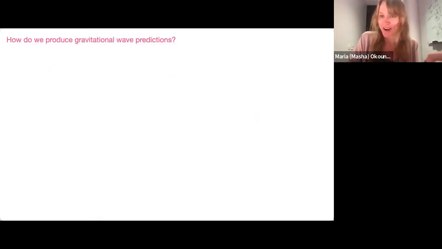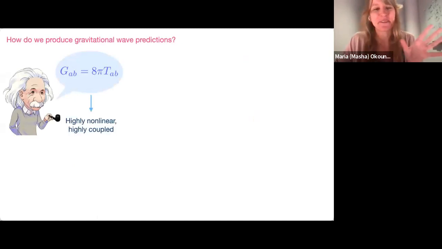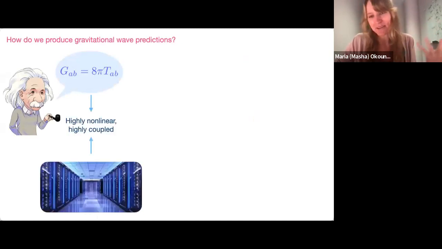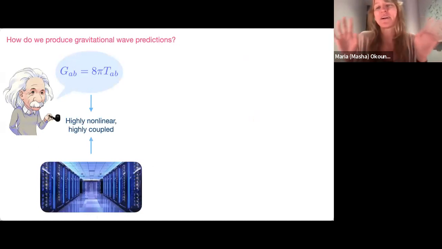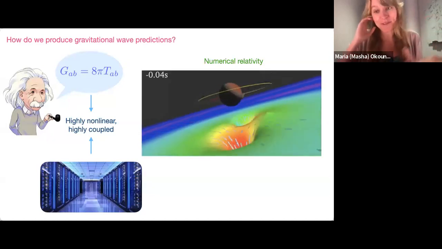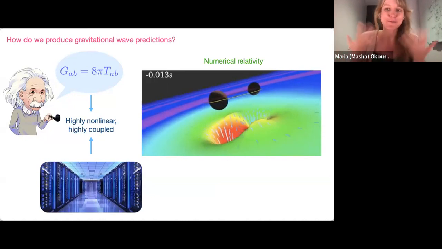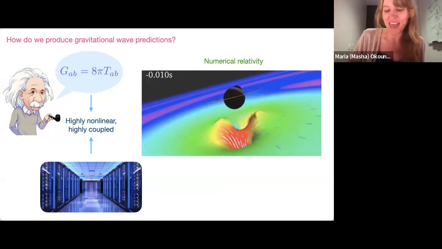So how do we produce gravitational wave predictions? Well, I don't need to tell everybody in this workshop, but ultimately we use Einstein on the computer. We use the field of numerical relativity, which is solving the equations governing the behavior of spacetime on the computer.